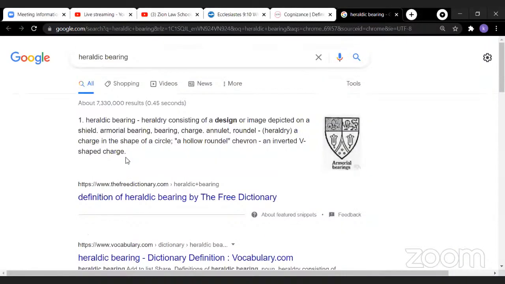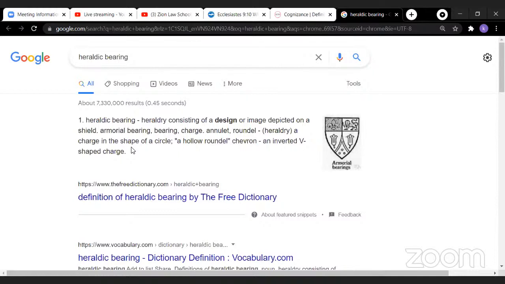Okay, now let's go back and look at the heraldic bearing. Judai, you're going to find this interesting. Anybody want to read that or should I do it? Sure. Heraldic bearings. Heraldry, consisting of a design or image depicted on a shield. A memorial bearing, charge, amulet.